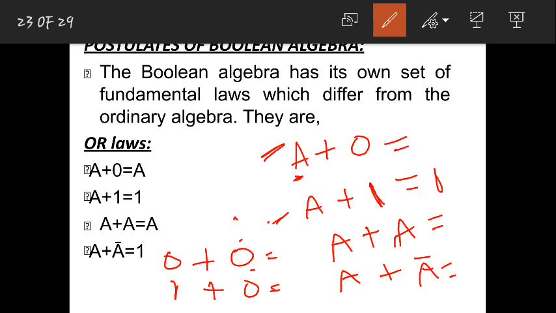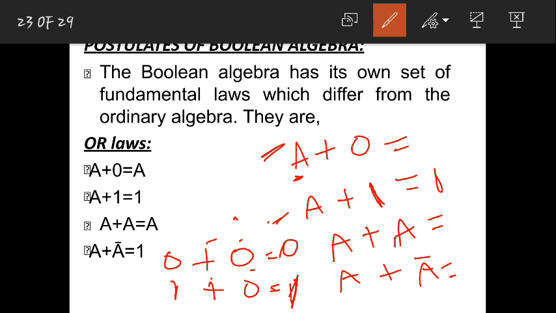So in an OR gate, when you OR with 0, 0 plus 0, the answer is 0. When you get 1 plus 0, the answer is 1. That means you are ORing. This is the OR operation. So 0 OR 0 means the result is 0, 1 OR 0 means the result is 1. Is that fine?